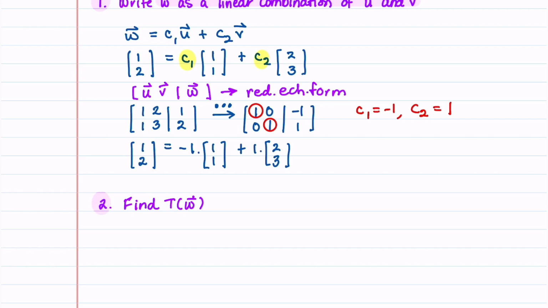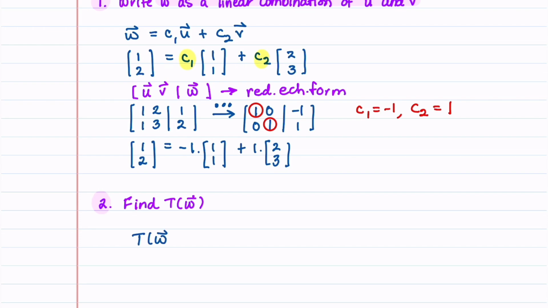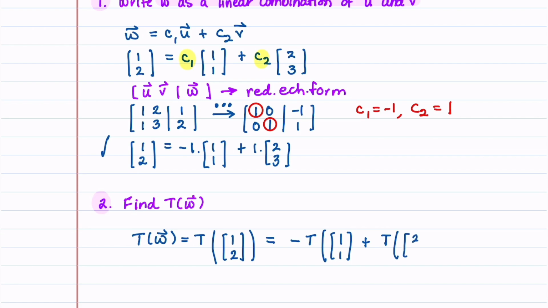In the second and last step, all we have to do is compute T of w. Our T of w is just our transformation of our vector (1, 2), and taking the transformation of both sides of this equation, we get that this is equal to minus the transformation of (1, 1) plus the transformation of (2, 3).